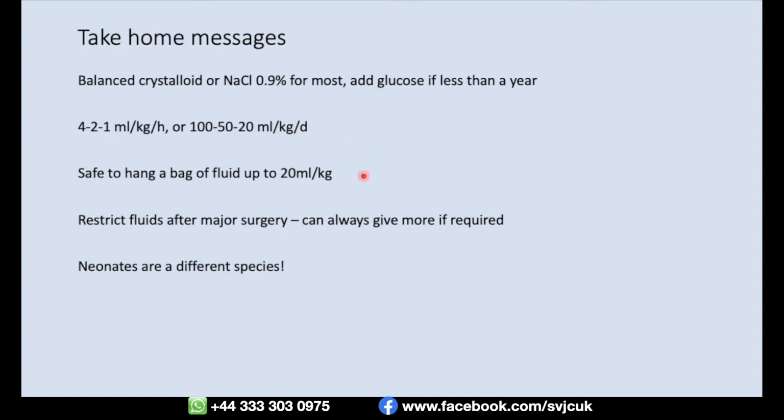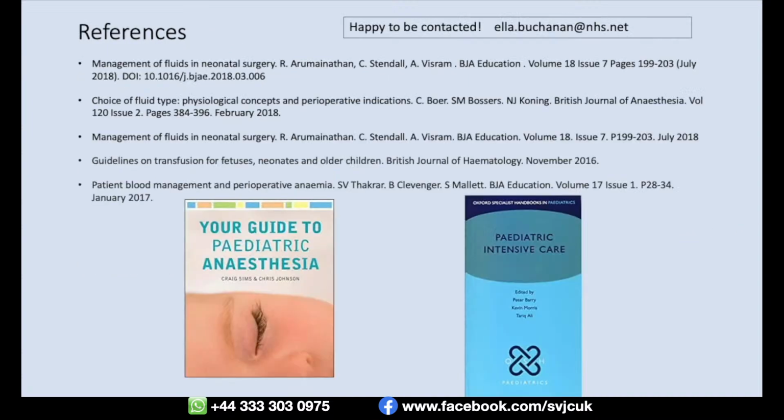As a rule of thumb, it's safe to hang up a bag of fluid if it contains no more than 20 mils per kilo body weight for that child, safety being the word there. Restrict fluid after major surgery, particularly. You can always give more fluid if required. And neonates are very much a different species, which require their own talk.